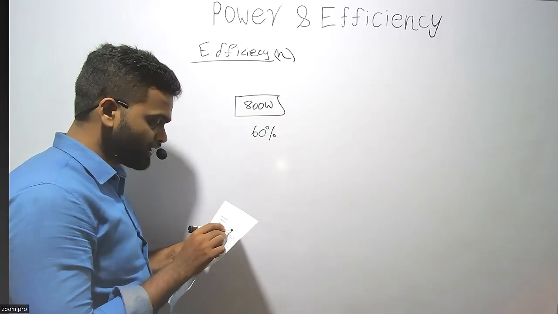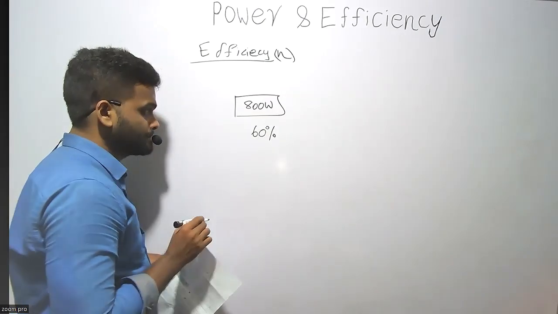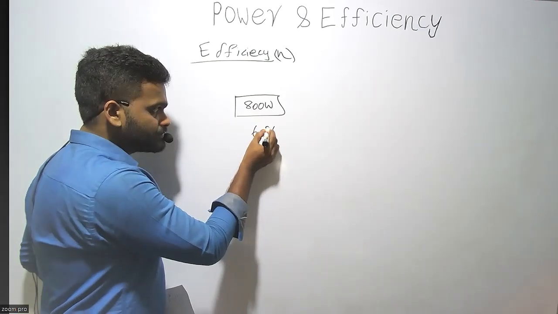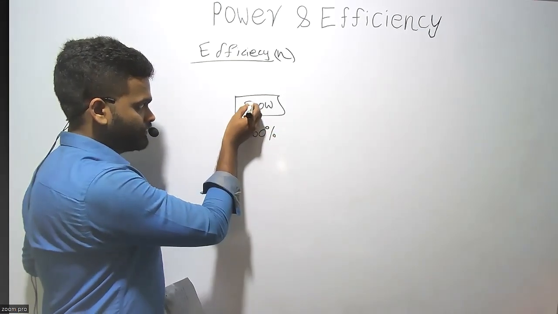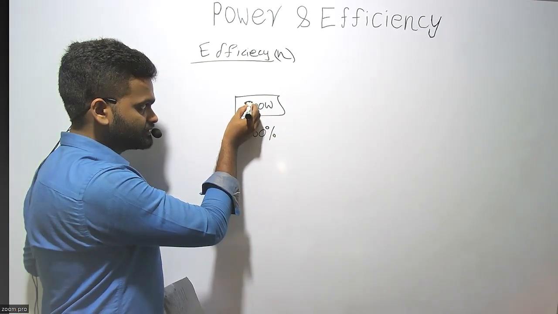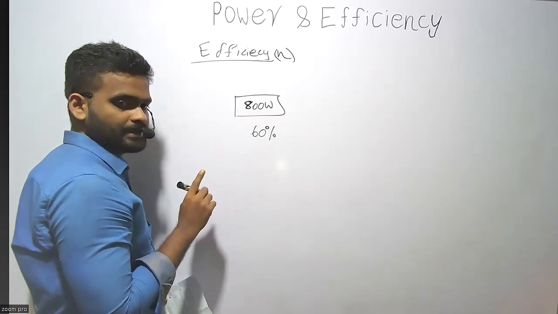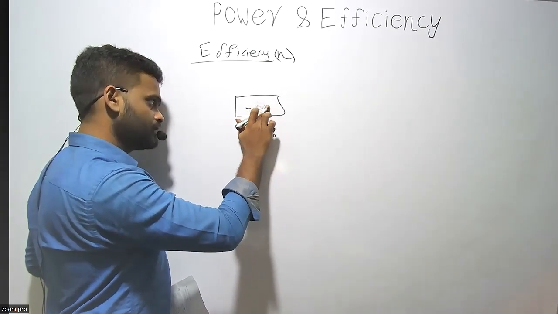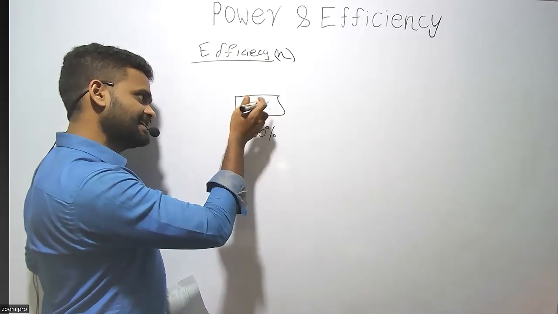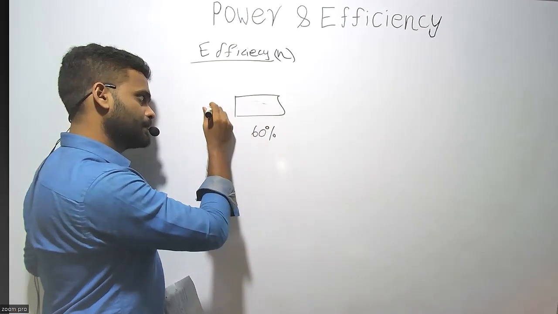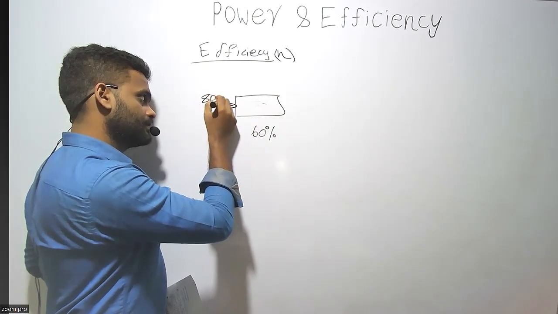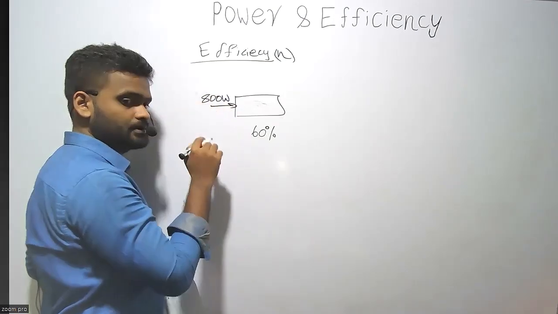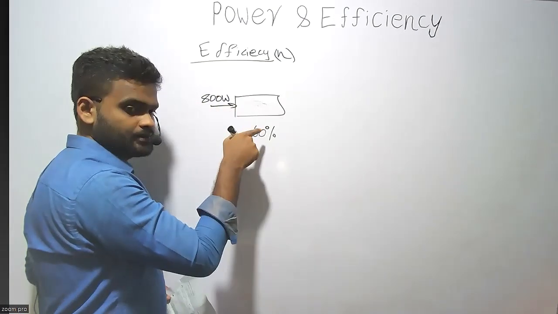What they ask is the waste of power of the motor. This 60% means when you have a motor of 800 watts, you need to provide the motor 800 watt as electric energy.